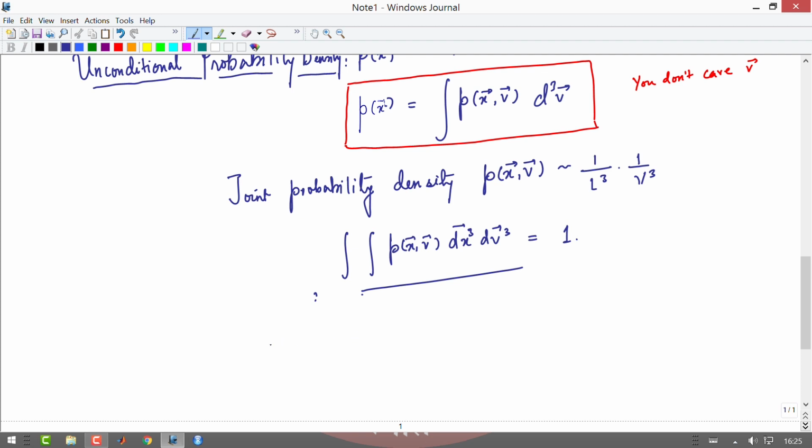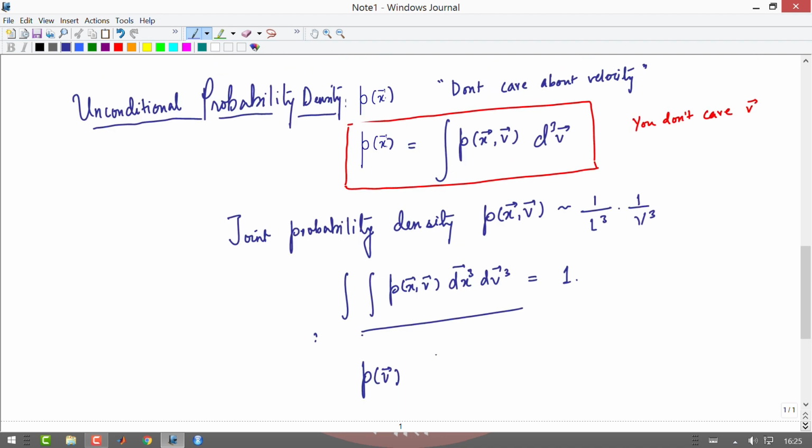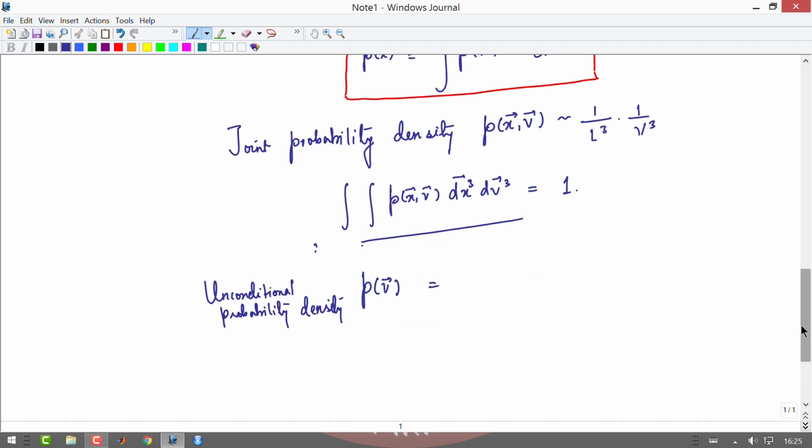Another unconditional probability density that you can construct is the unconditional probability density of velocities. Again, the procedure is the same.